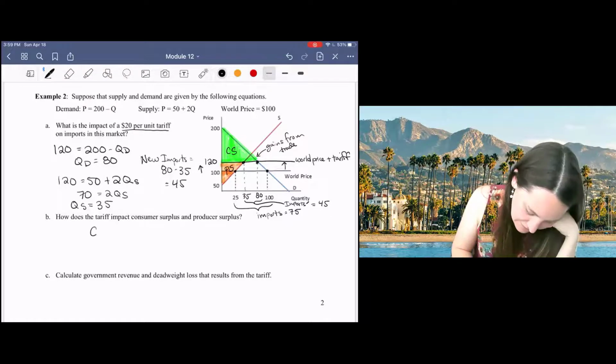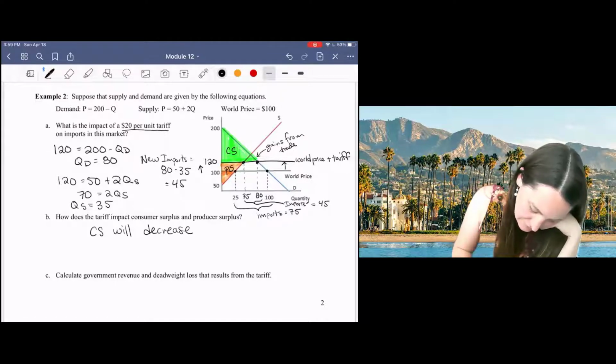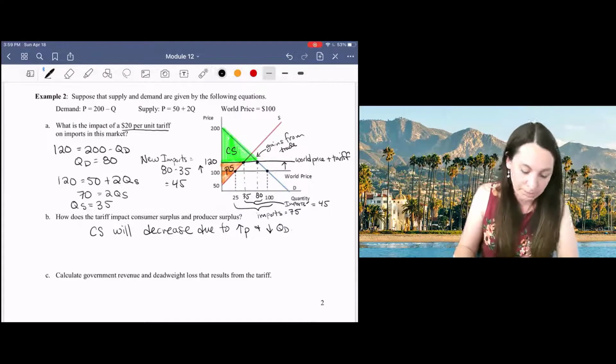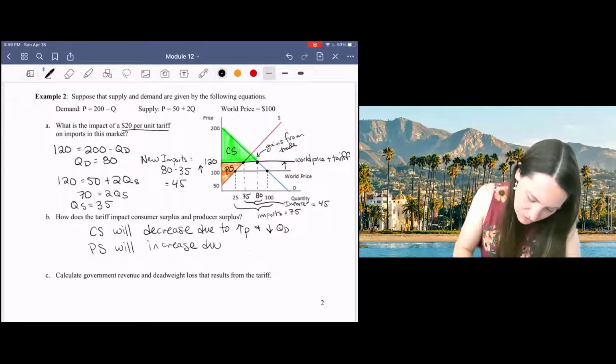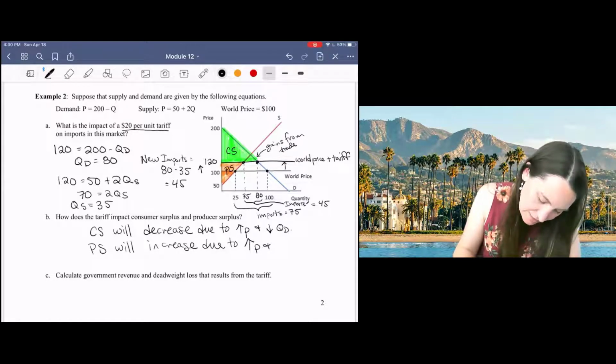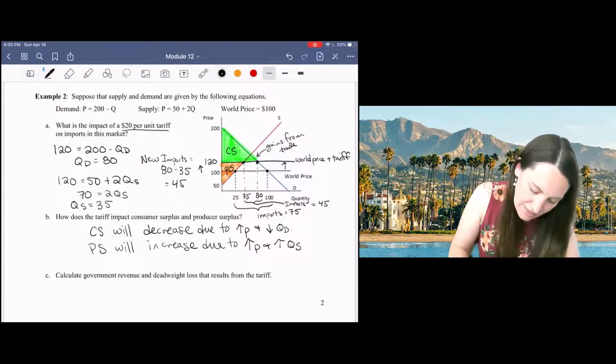So to answer this question, we will say that consumer surplus will decrease due to an increase in the price and a decrease in the quantity that people are able to consume. Producer surplus will increase due to an increase in the price and an increase in the quantity of the product that is produced domestically.